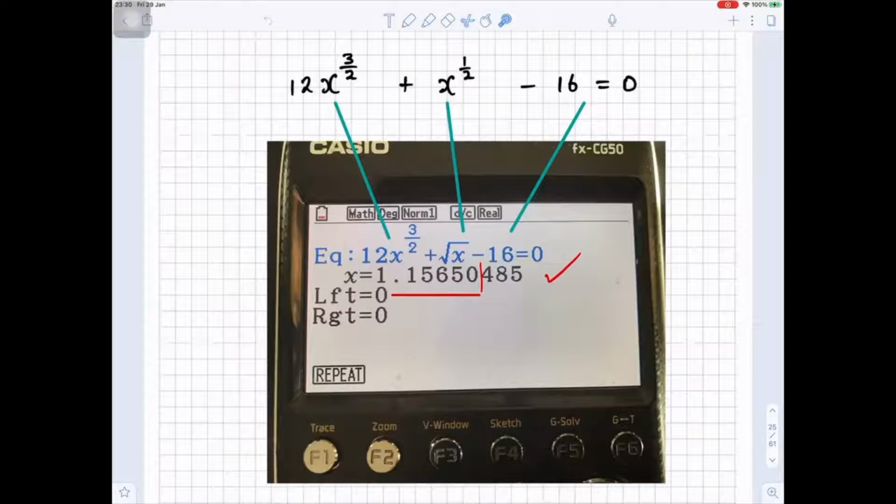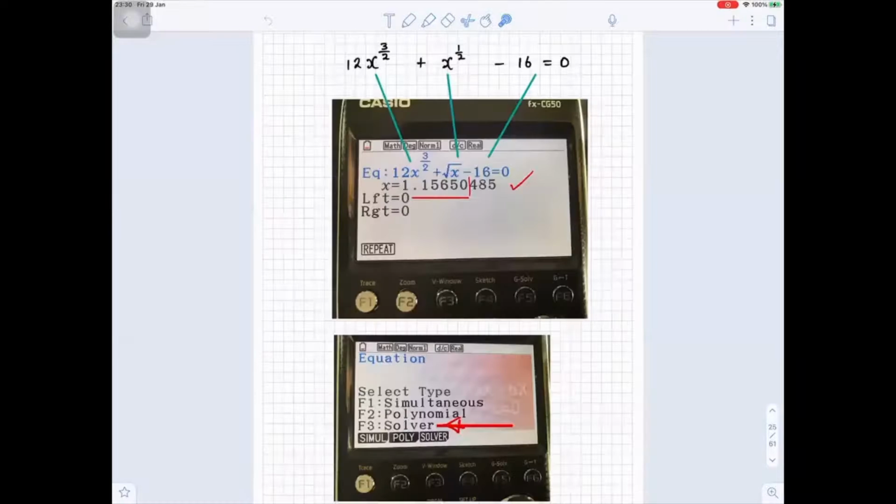If you put that in the equation solver in your graphics calculator, it would give you 1.15650 to 5 decimal places. And that is what you do to show it. In your graphics calculator, you would go into F3 equation solver to help you to do that.